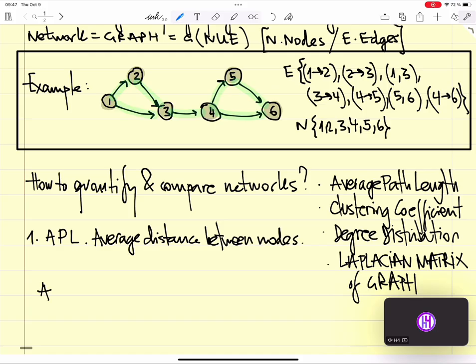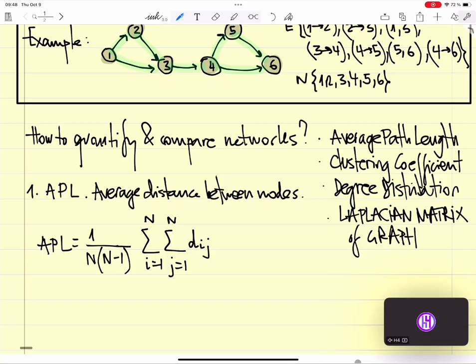The formula you need to know, and no, there will be no list of formulas allowed in the exam, so you have to know it. It is 1 divided by n times n minus 1, times the sum of all distances of all nodes to each other. Okay.